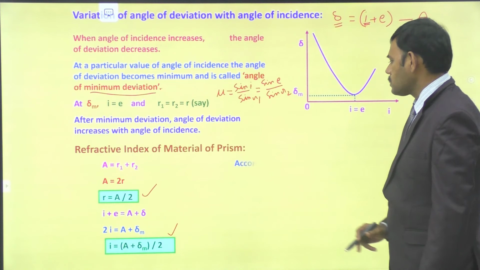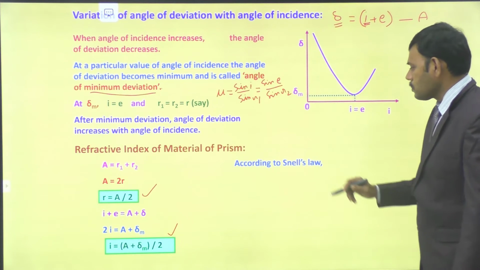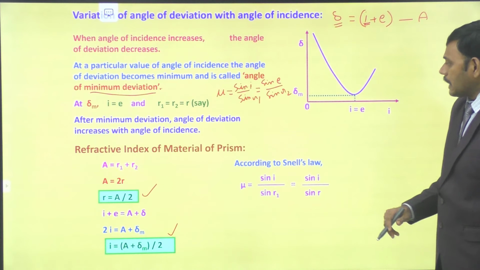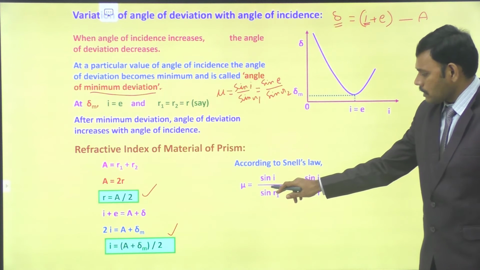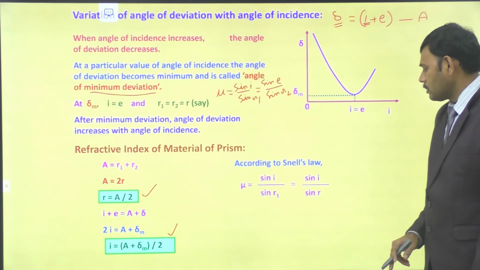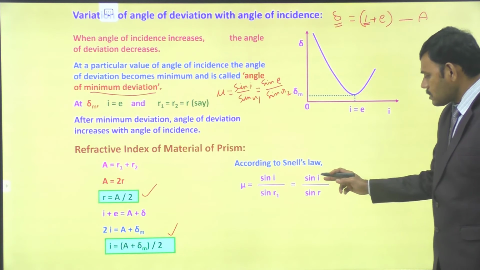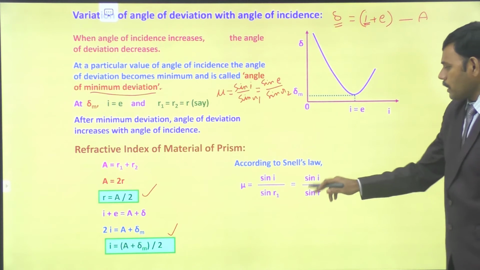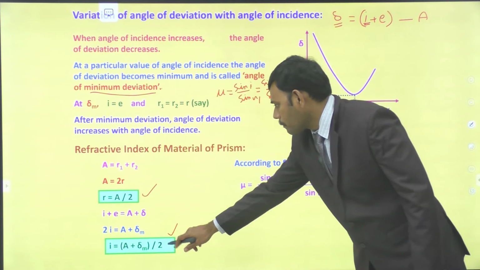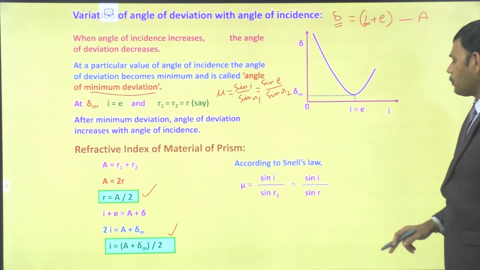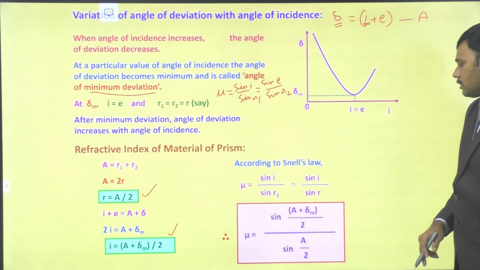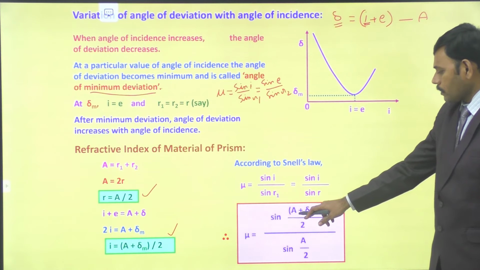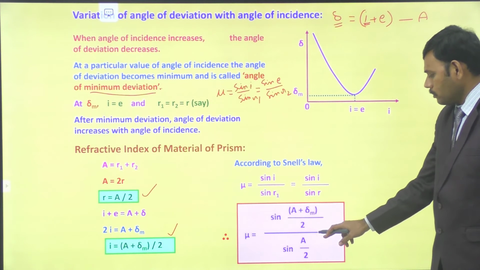Substitute these two values in Snell's law. According to Snell's law, the refractive index at the first refracting surface is sin I by sin R1. As R1 is R, sin I by sin R. Replace I by this formula and R by A by 2, so that the refractive index of the prism is sin of (A plus delta m) by 2 divided by sin A by 2.